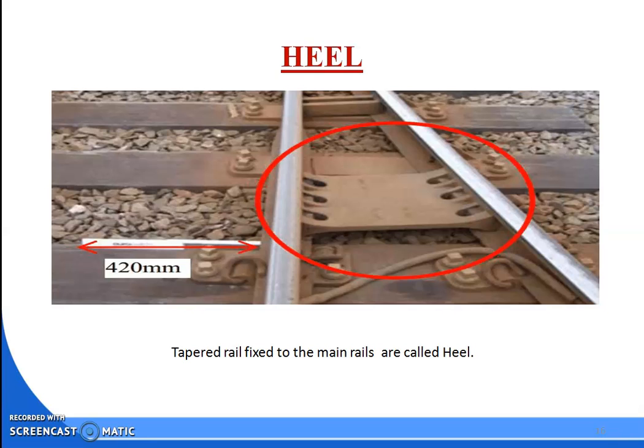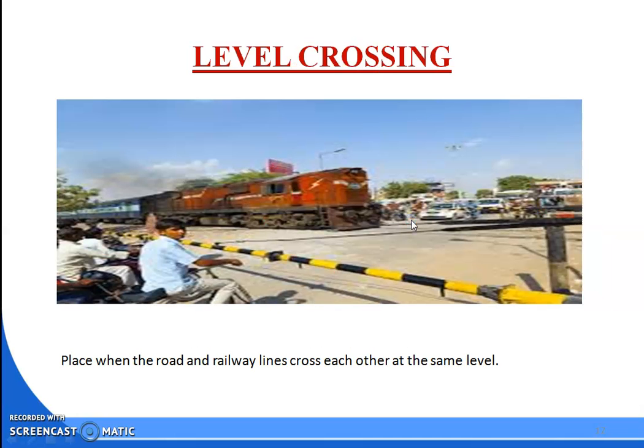Whenever your track diverges, or when your train changes direction, switches are present, and for diversion or changing the track another tapered rail is provided. To connect the main rail to the tapered rail, a block is provided which is called the heel. Next we come to level crossing.